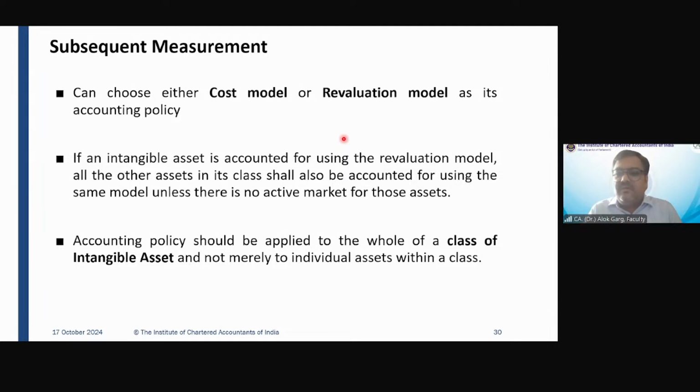So Mamta, you can unmute and tell me the concept of subsequent measurement, whatever you know. Okay, carry on, Mamta.